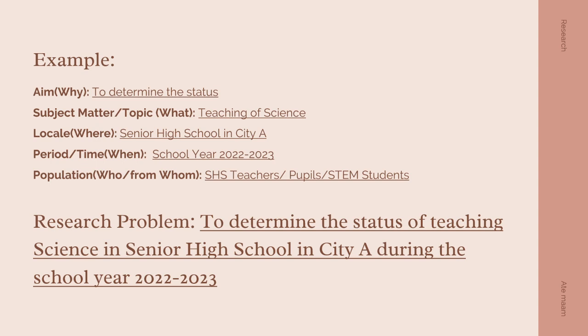That is another example of creating your research problem. So for the research title of that example, you will write the durability of bamboo leaves as fabric. Then you will write the other details about the locale, period of time, and population.